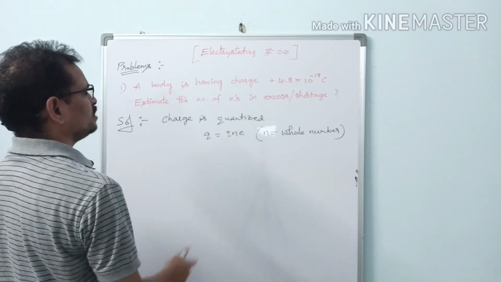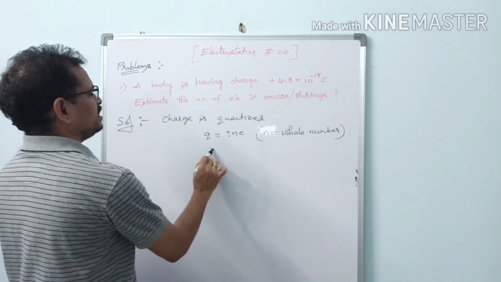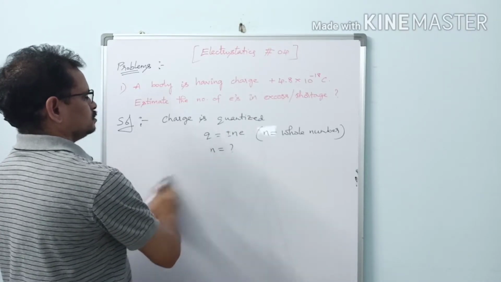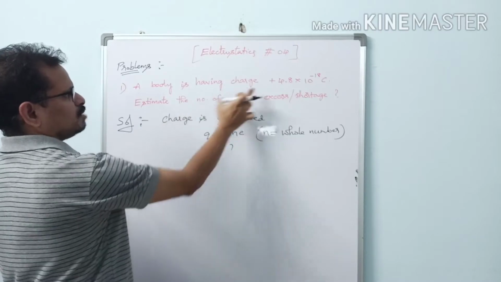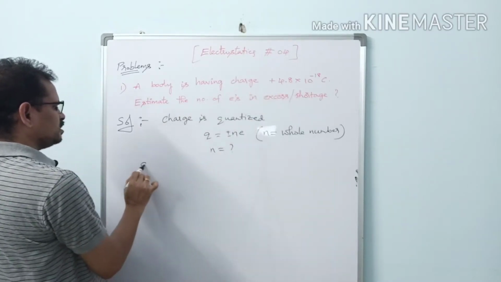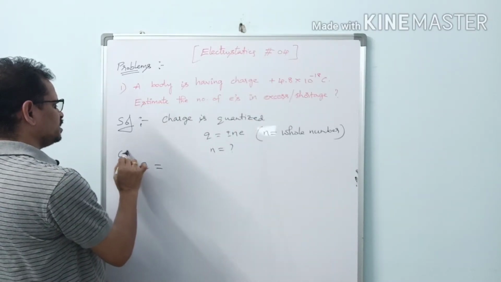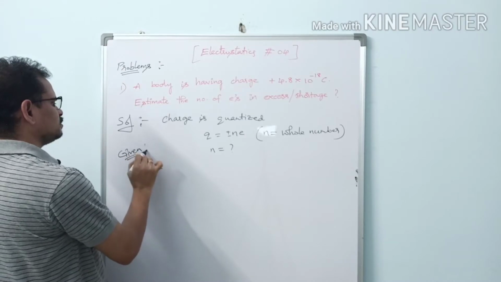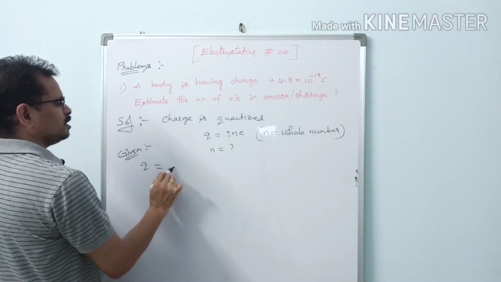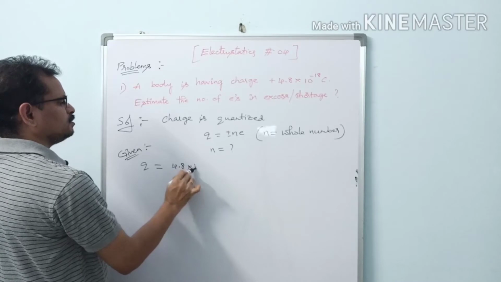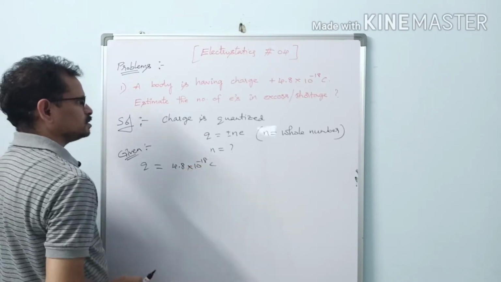Now we have to find N. Let us substitute. What is given? The charge Q equal to 4.8 into 10 power minus 18 coulombs.